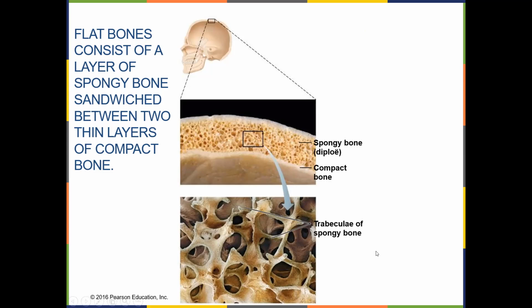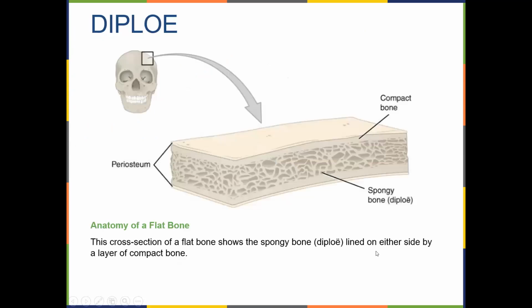So we have this diploe. And this is a good picture of what diploe looks like. A layer of compact bone, another layer of compact bone, and a layer of spongy bone in the middle here, giving you a great deal of strength without a lot of weight.